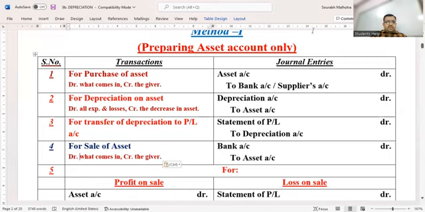It is debit the receiver and credit what goes out. I hope the rules are well understood with the entries.